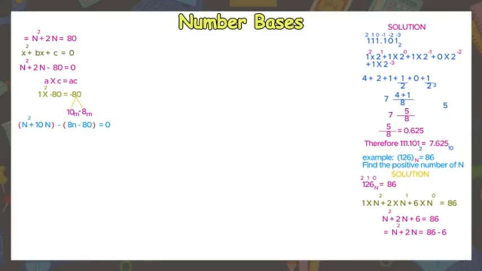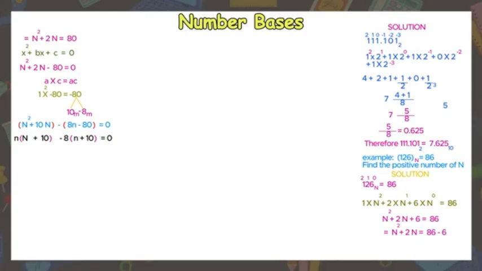That means we have n into bracket: n into n squared, we have n, plus n into 10n, we have 10. What is common here? The common factor here is 8 into 8n. We are left with n minus, multiplied by minus will give us plus, 8 into 80, we have 10, equal to 0.